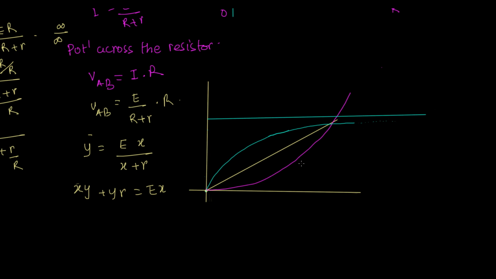So out of these three curves, this magenta goes away, this yellow goes away, we are left with this greenish blue. So this will be the VAB versus R curve. You get the point? Fine.